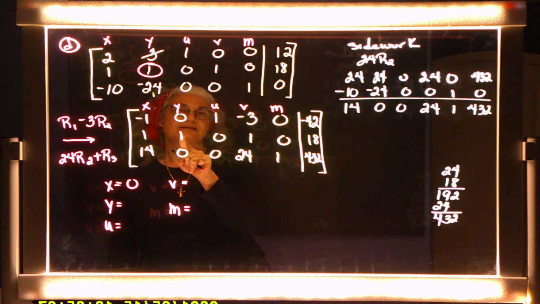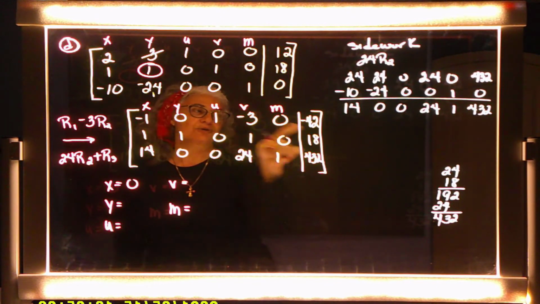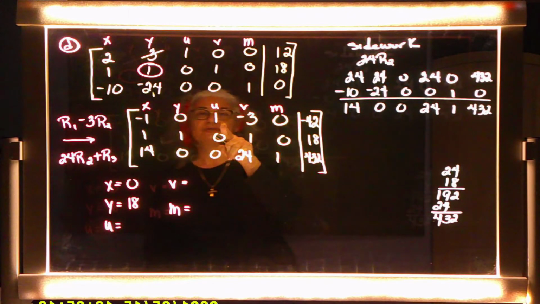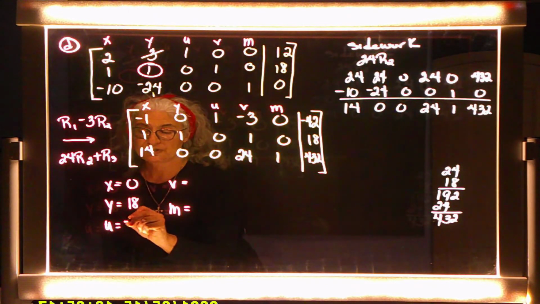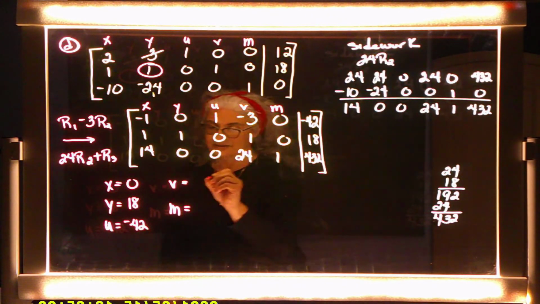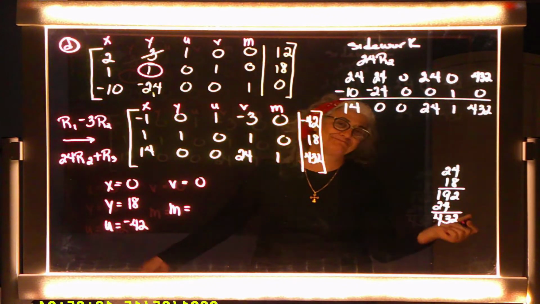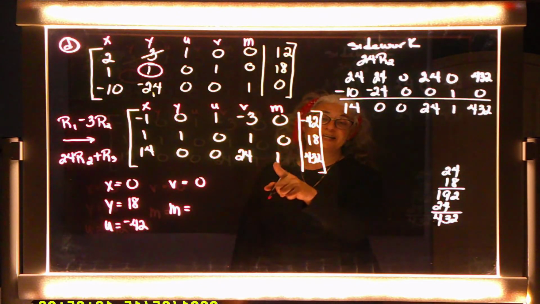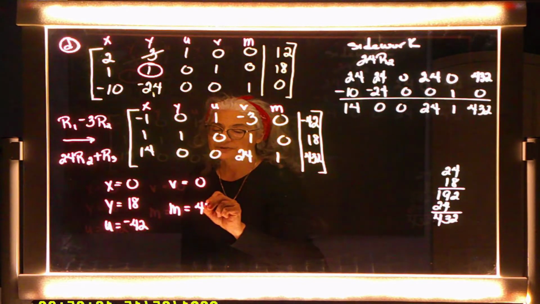Good, the y, since the number 1 is in the second row, the y is going to be equal to 18. Excellent. How about the u? Yep, since it's in the first row, it's going to be equal to a negative 42. How about the v? Yep, that's going to be a 0. Why? Because it doesn't have ones and zeros in the v column. And then m is 432.